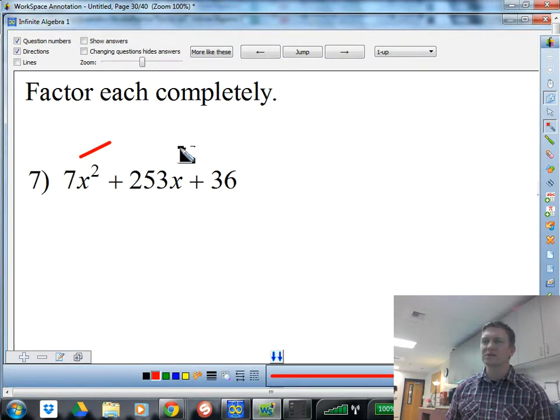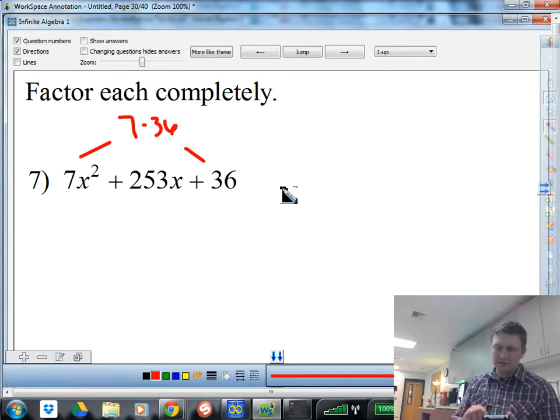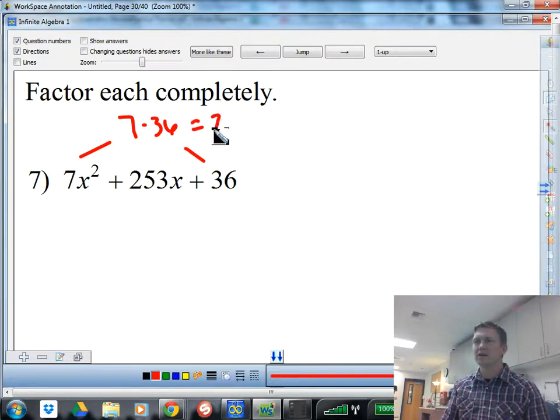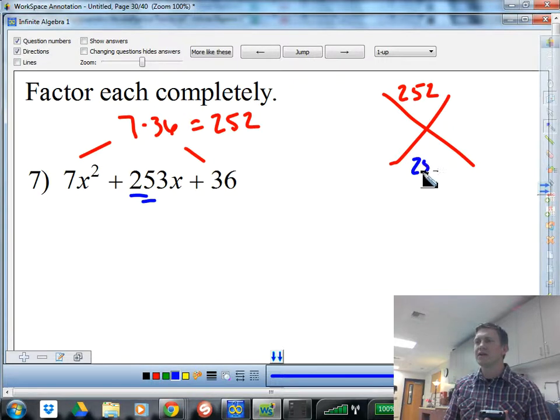Take this piece, multiply by this piece. 7 times 36. Need a calculator. Hold on. 7 times 36 is 252. Okay, so think about 252 going right here. And my other number is found right here, and it's 253.